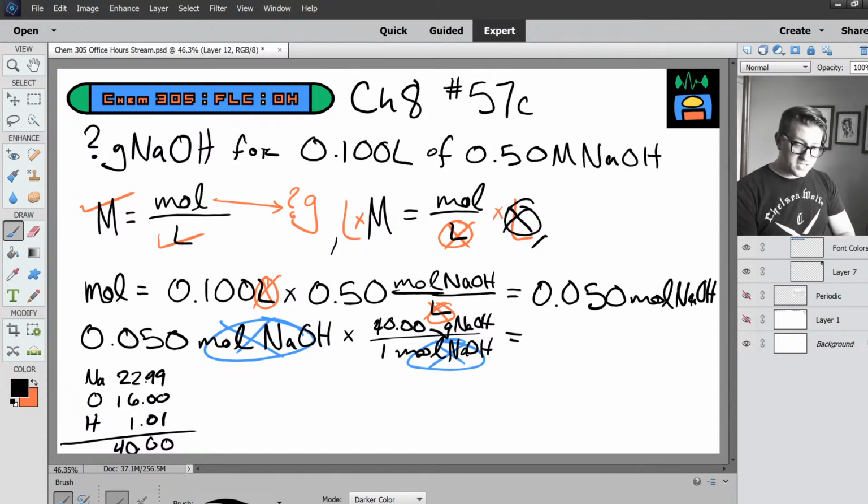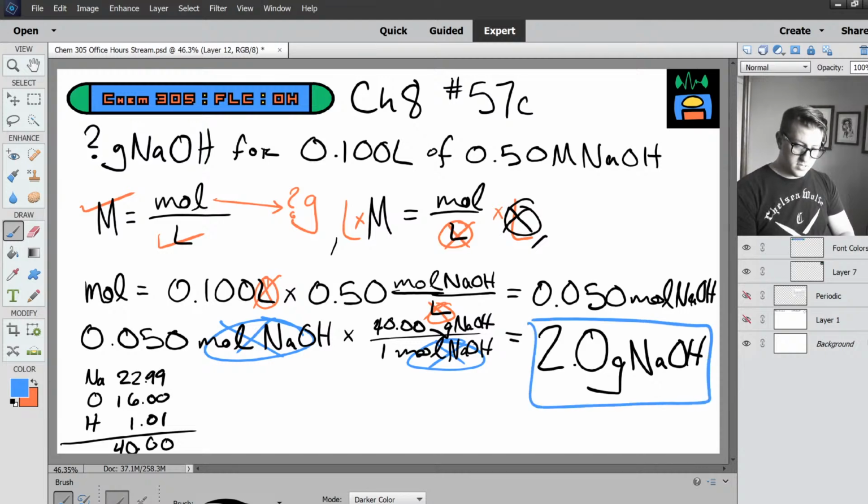My calculator is giving me the answer is 2, but we know we need the right number of sig figs. So this will be 2.0 grams of sodium hydroxide are needed to make 0.100 liters of a 0.50 molar solution.